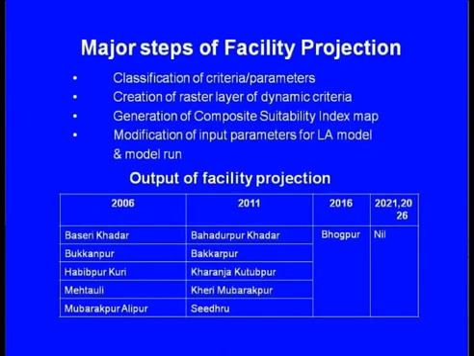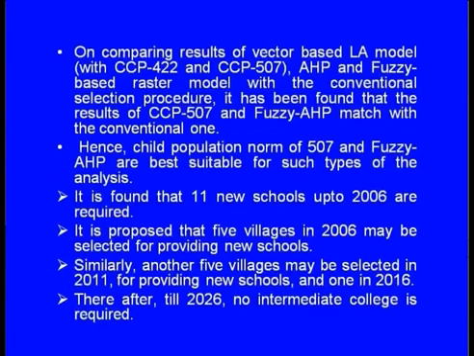Based on this, we are able to identify the location of the schools on the basis of the results available, and 11 schools are required up to 2006, and it is proposed that 5 villages may be selected for providing the new schools.